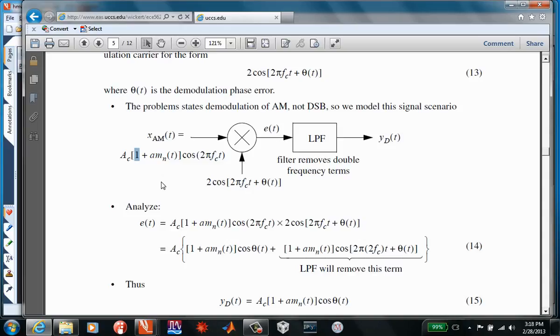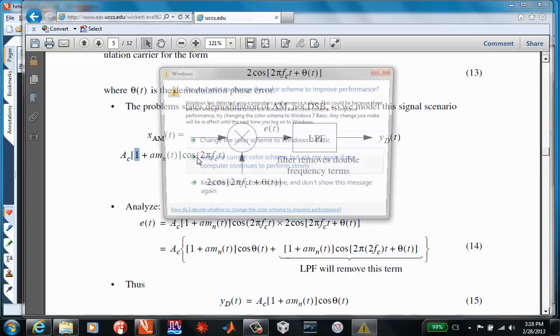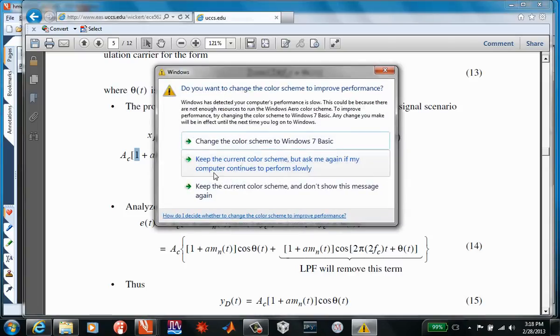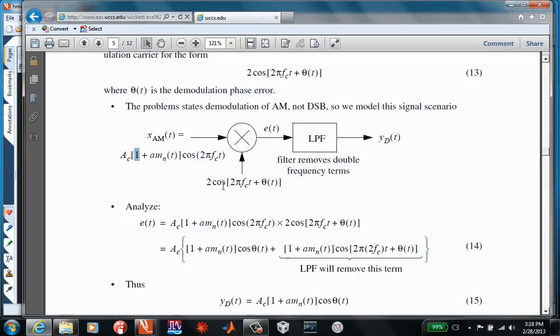Because it adds this bias term of 1 times the carrier, so it sends pure carrier. Or in the business of stuff I've been working on over the past year for SATCOM, it's called residual carrier. So you add in some pure carrier along with the AM. So if you just had double sideband, you wouldn't have the +1? Correct. And that's what I meant by this problem being applicable.